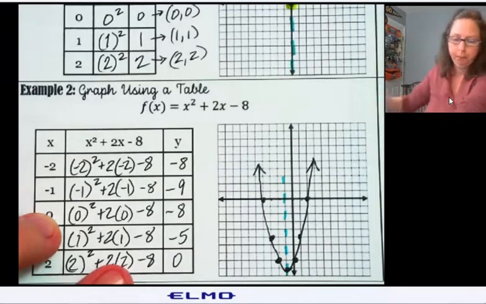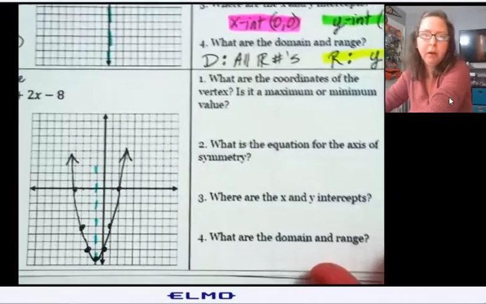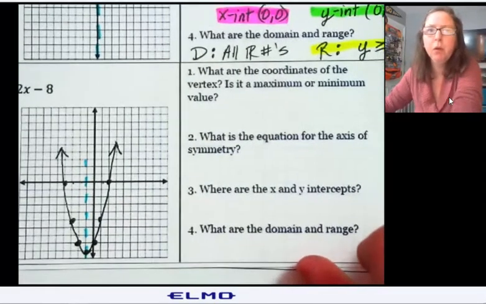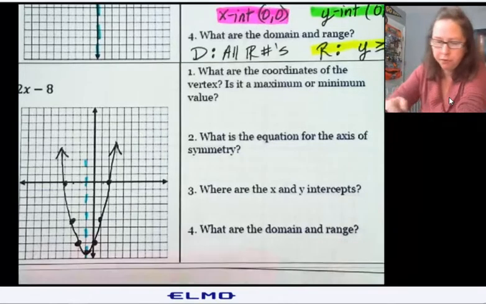All right, let's go ahead and from this picture, let's start talking about our specific information, okay? What are the coordinates of the vertex?